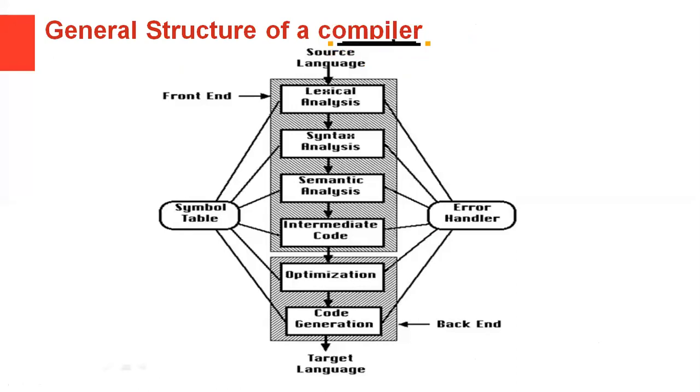So what are the types of compilers? Based on passes, we have three types of compilers, and based on functionality, we have six types. Based on passes: first, single pass compiler; second, two pass compiler; third, multi pass compiler.